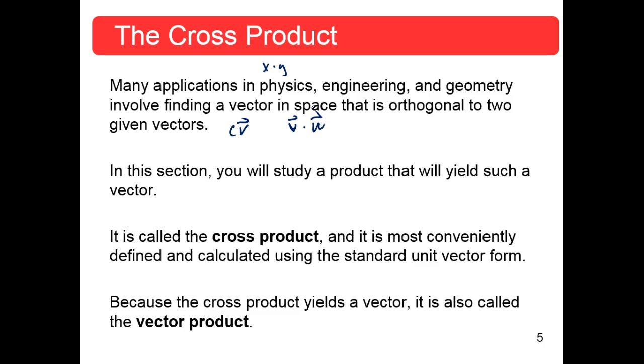Now, when you do the other one that we did back in grammar school, the cross, guess what that gives us? We already said it. You get a vector that is perpendicular to both U and V. So a cross product produces a vector, a dot product produces a scalar.